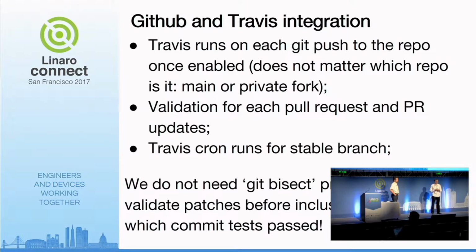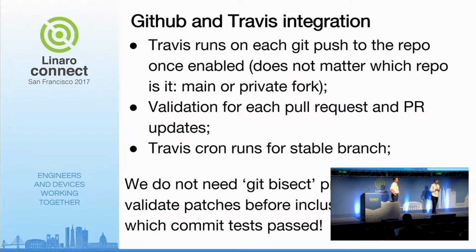To trigger a Travis build, you need to push the travis.yml file. Then on each push to your local Git, or pull request to the mainline Git, Travis will trigger its work, and we can see what's going on with this change. Also, Travis can be run as a cron job.